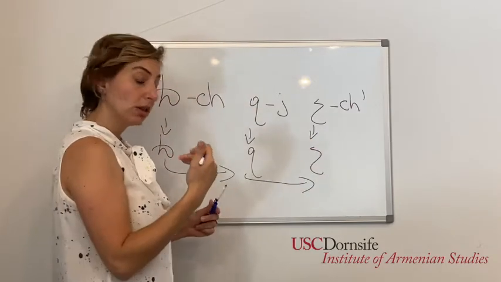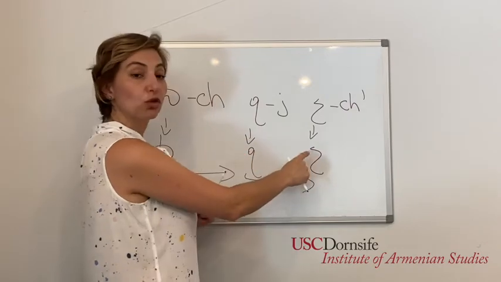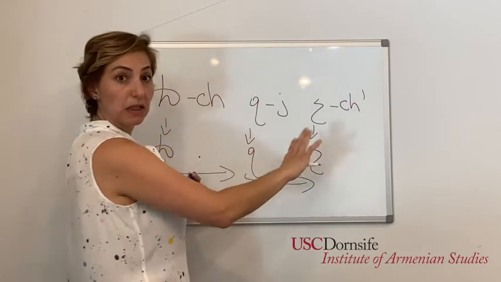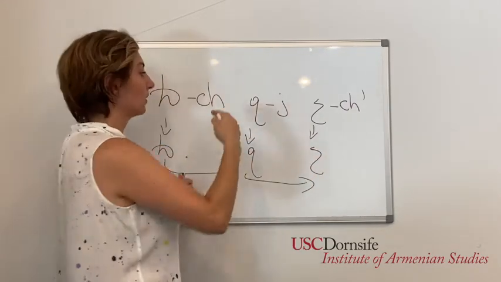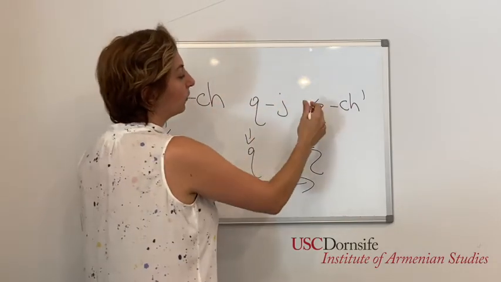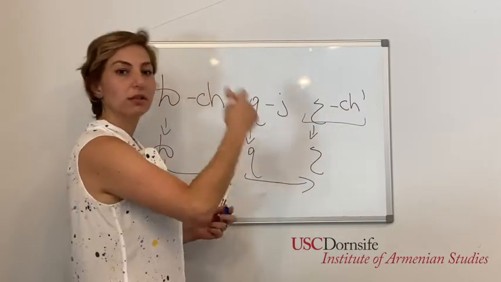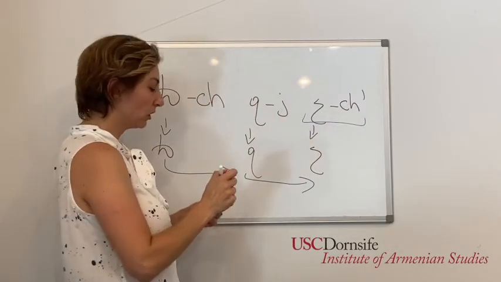So if an Eastern Armenian speaker would say Jur, a Western Armenian speaker would pronounce that as Chur. Spelling doesn't change, yeah? But the phonetics, what phonetic value that letter has changes. And then for this last one, Ch, it remains the same, yeah? So Char, Eastern Armenian, Western Armenian.